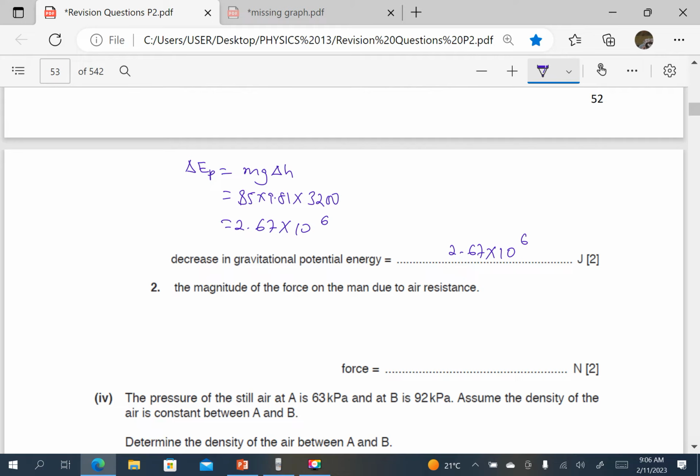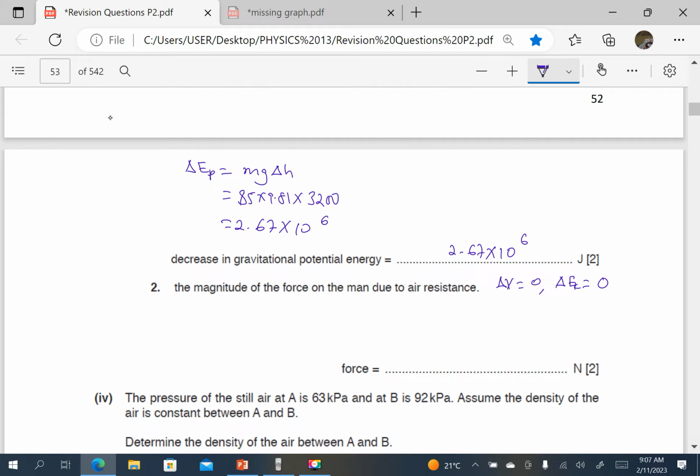So if there is no change in kinetic energy, the change in speed is equal to 0, which means the change in kinetic energy is equal to 0. So it means the decrease in gravitational potential energy must be equal to the work done against air resistance, because the only force acting here is air resistance.